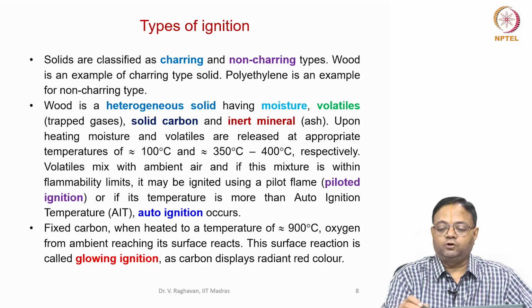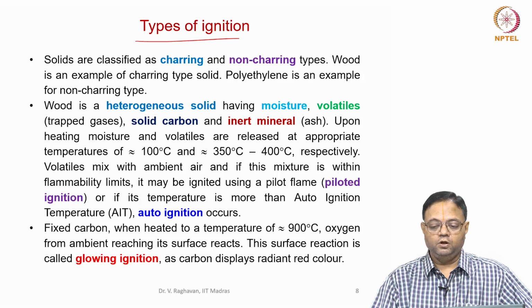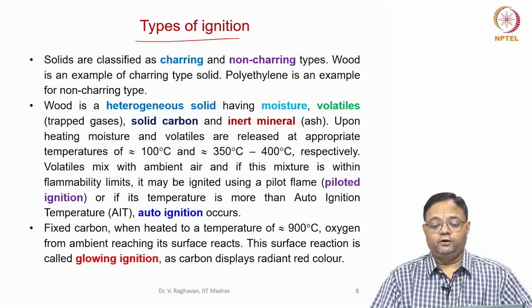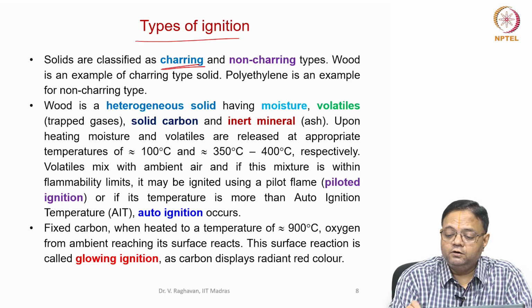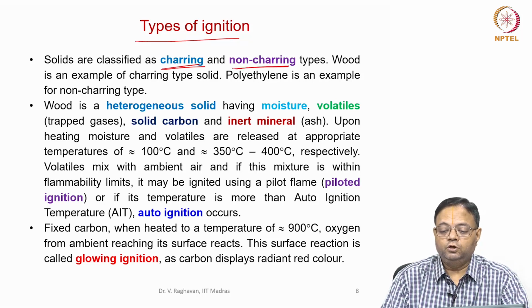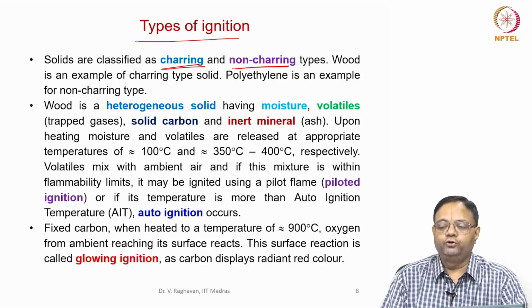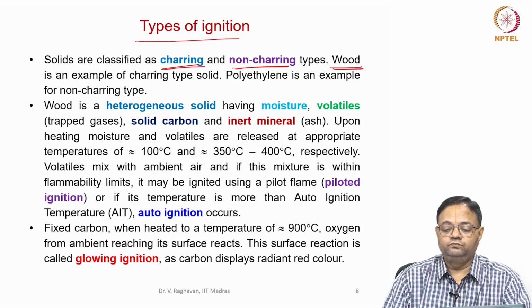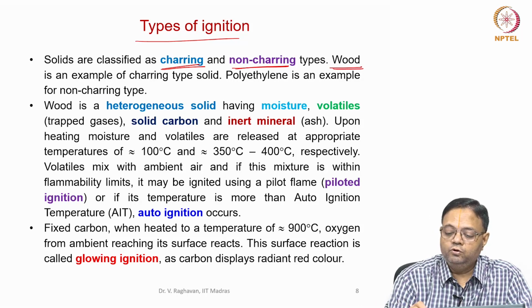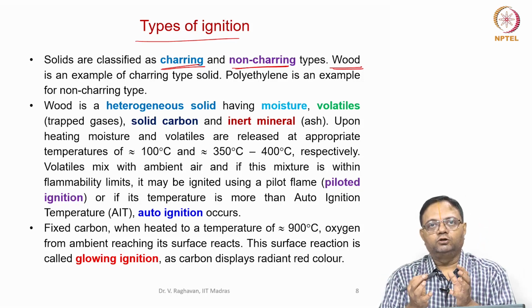So, now we will talk about a few points on types of ignition. For this we need to consider a charring fuel or a non-charring fuel. A charring fuel leaves a carbonaceous residue; wood is an example. Wood leaves fixed carbon and ash together, which is called char.